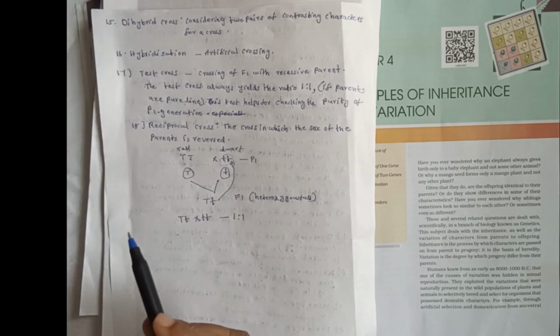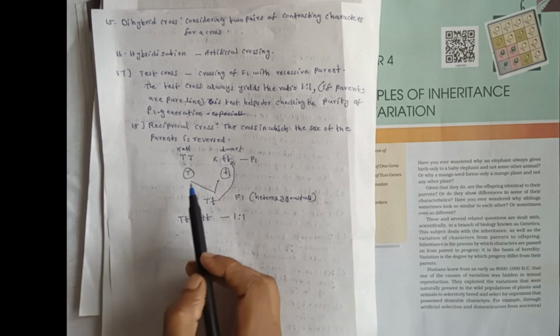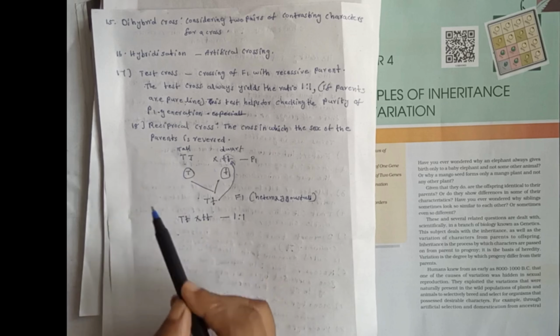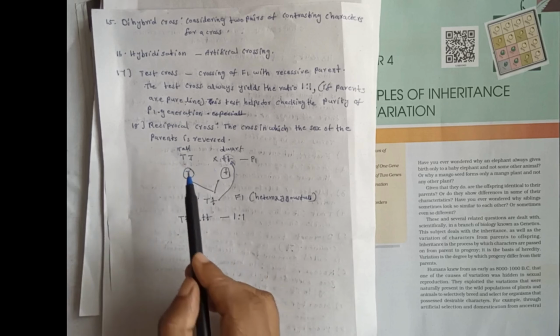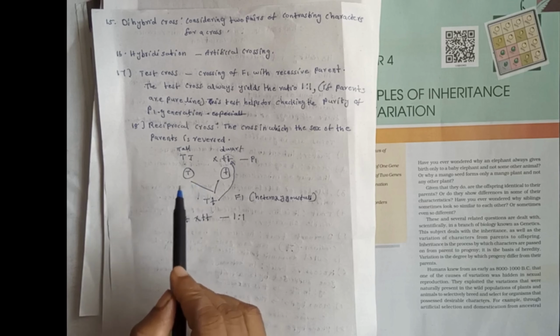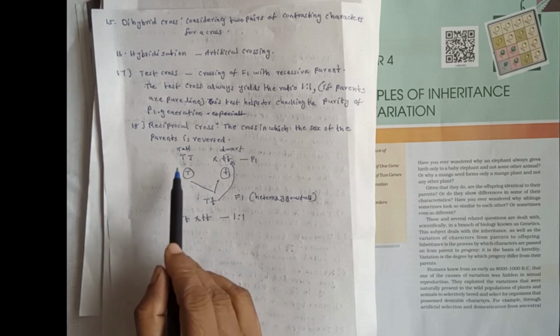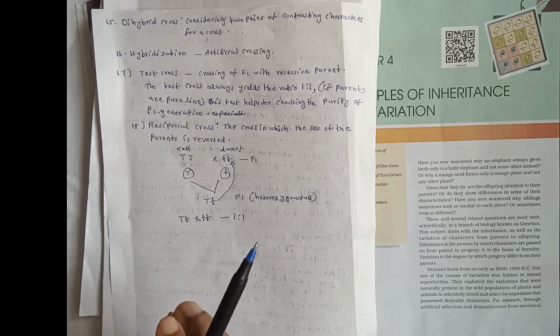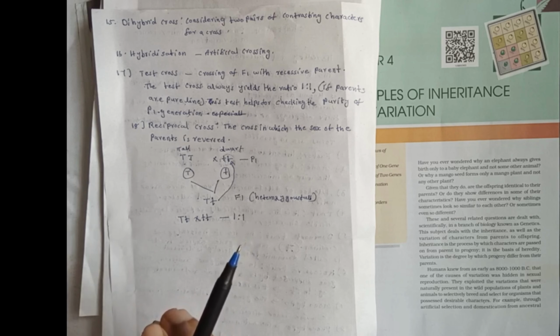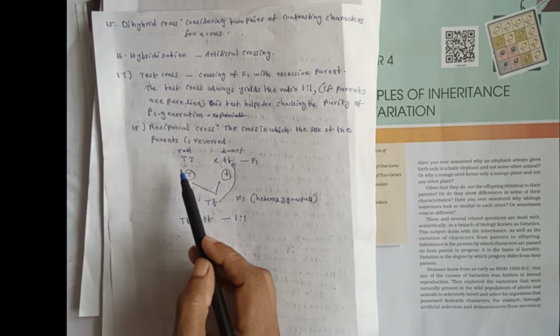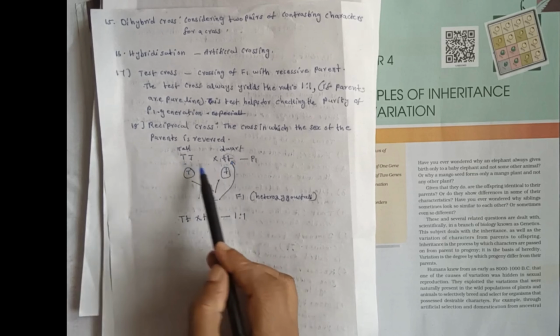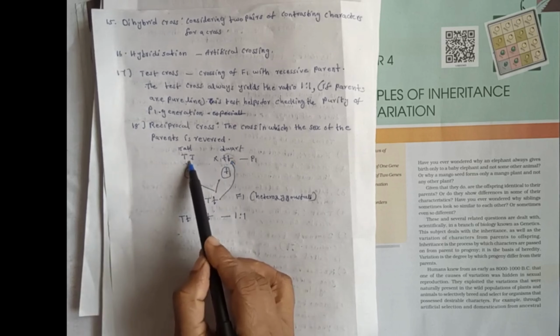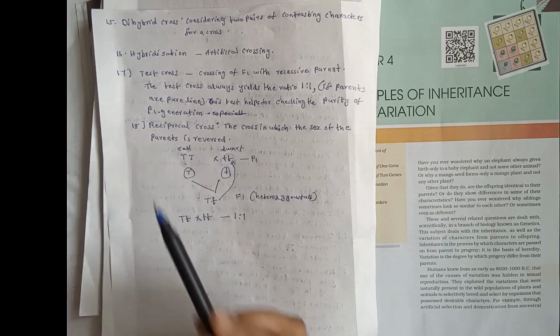Next, reciprocal cross. We know the pea plants are bisexual flowers, that is, the male and female reproductive parts are seen in the same flower. Such flowers are known as bisexual flowers. So we can take any plant as male or female.